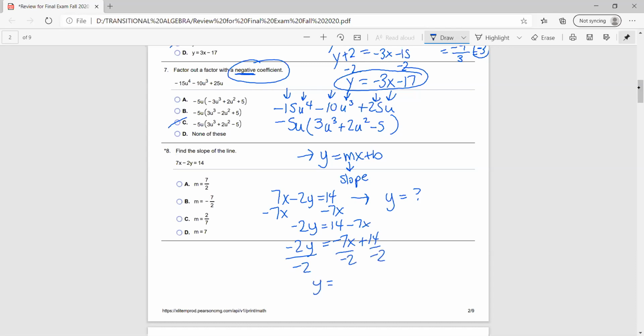So we would have y equals 7 over 2x, because a negative divided by a negative is positive. And then 14 divided by -2 is -7. So our slope, the number in front of the x here, after we solved it for y, is 7 over 2. So on number 8, the correct answer is A.